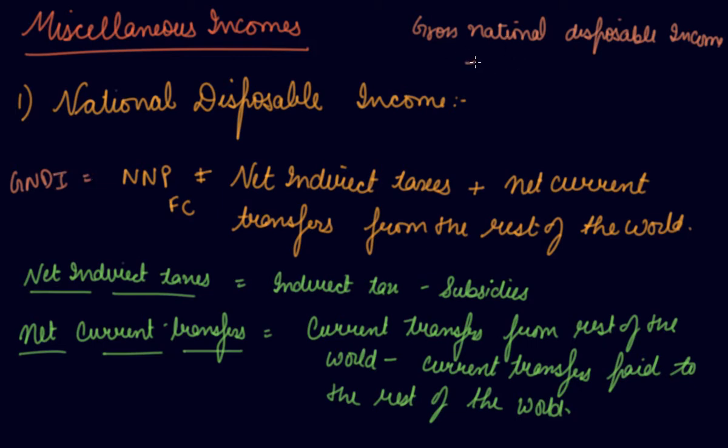From this, if you deduct your current replacement cost, or you can say your depreciation or the consumption of fixed capital, you get net national disposable income. So this is the concept of your national disposable income.